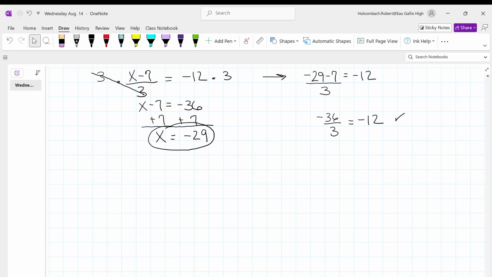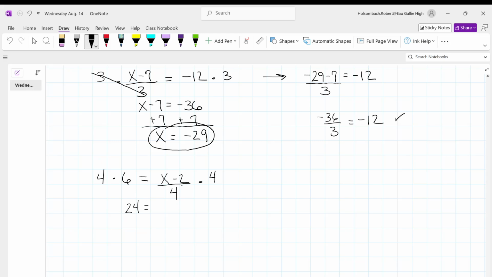So let's look at the next one. 6 is equal to x minus 2 over 4. In this case, we're going to multiply both sides by 4. The 4 times 6 is 24.